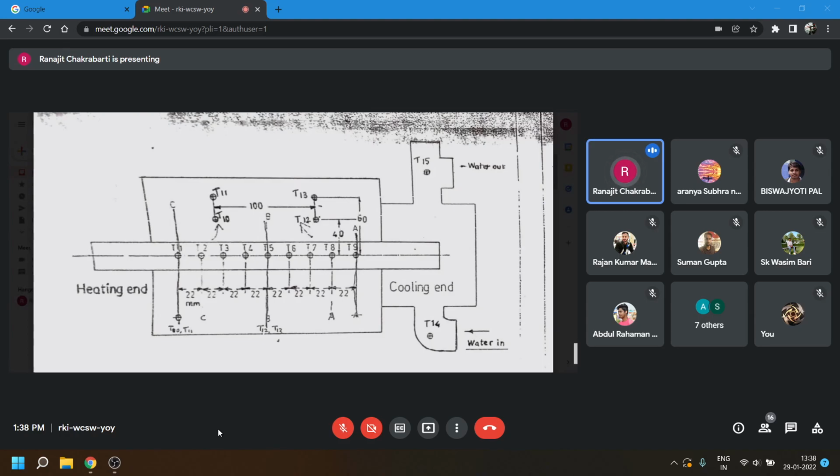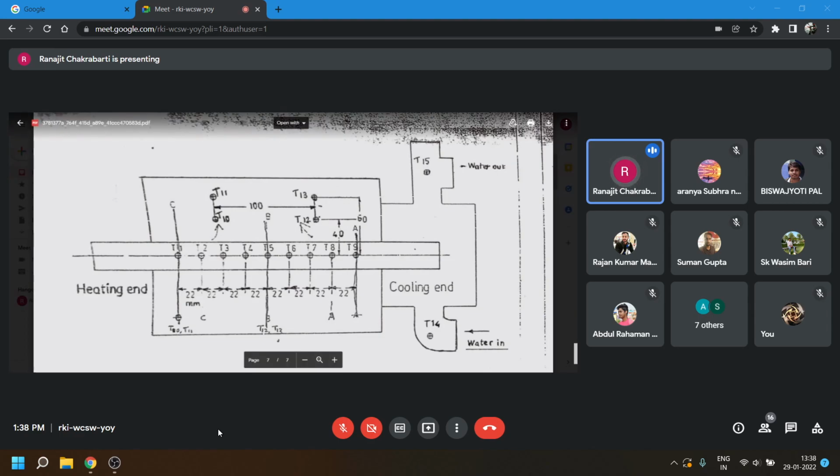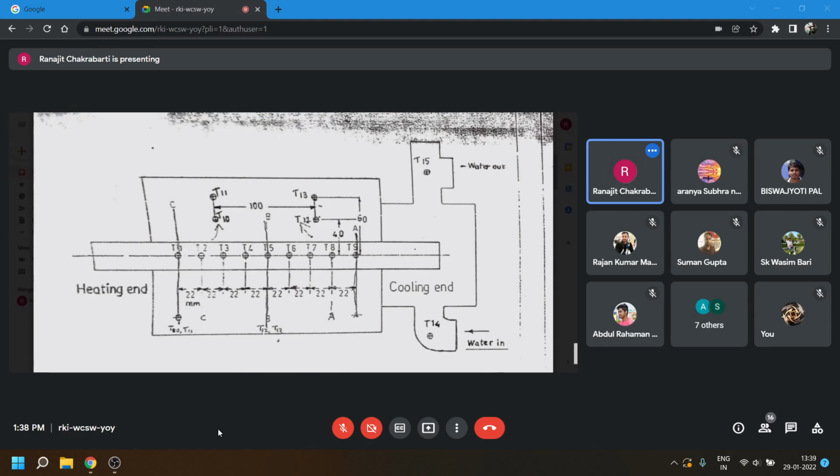And you will see that as the temperature changes in each section, no section attains the temperature of the previous section. This section is not attaining the temperature of this section. There is a temperature gradient. There is a temperature drop.